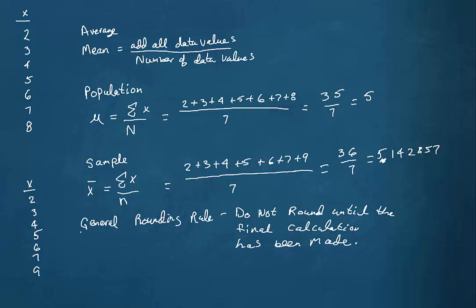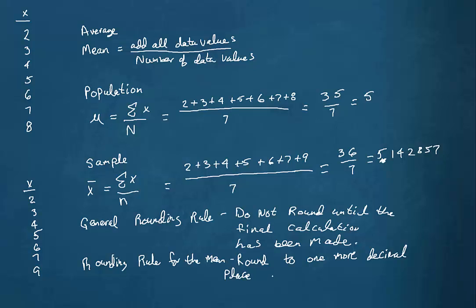Okay, well, our final calculation has been made here, so we need to come up with an actual rounding rule for the mean. And that rule is going to be to round to one more decimal place than occurs in the raw data.